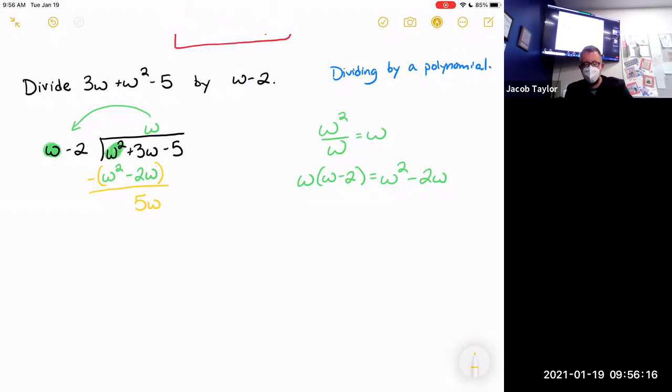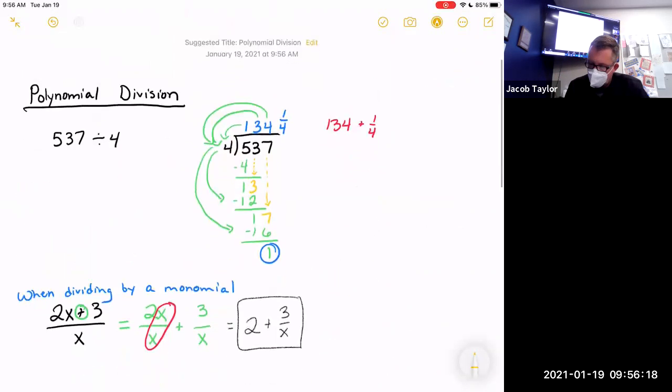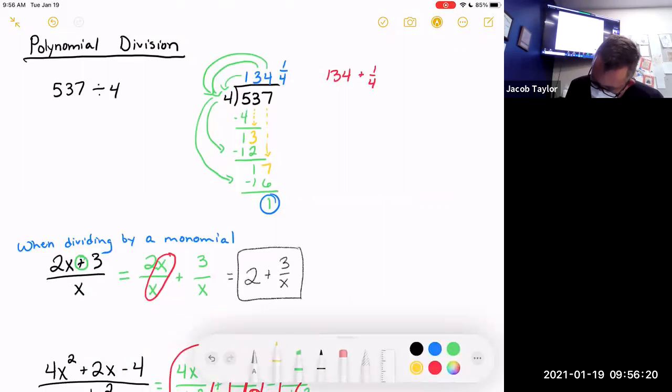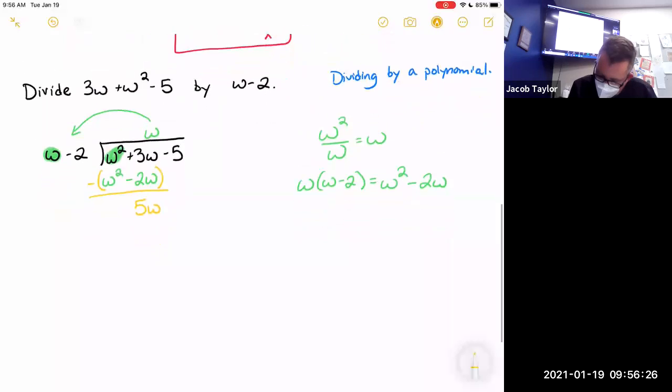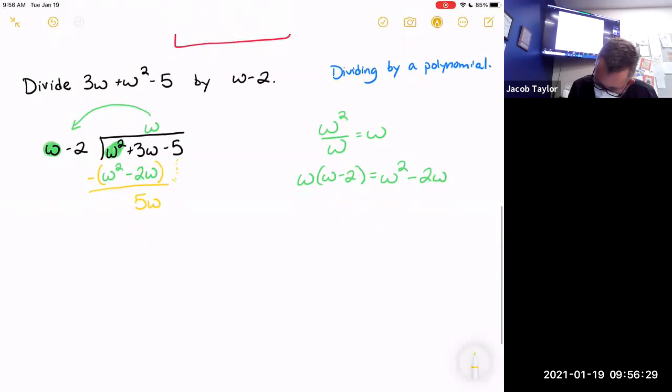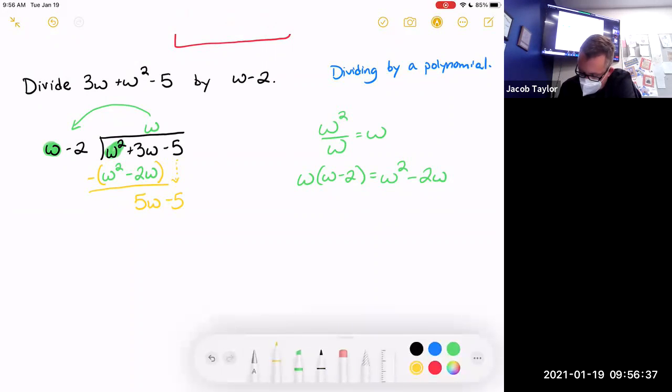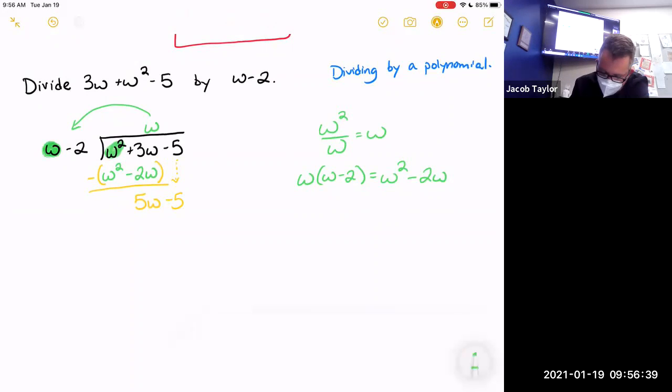You forgot one step. Up here, after we subtracted the 4 and got 1, what did we do? We brought down the 3. So here we're going to bring down the minus 5. And now our question becomes, how many times will w go into 5w?